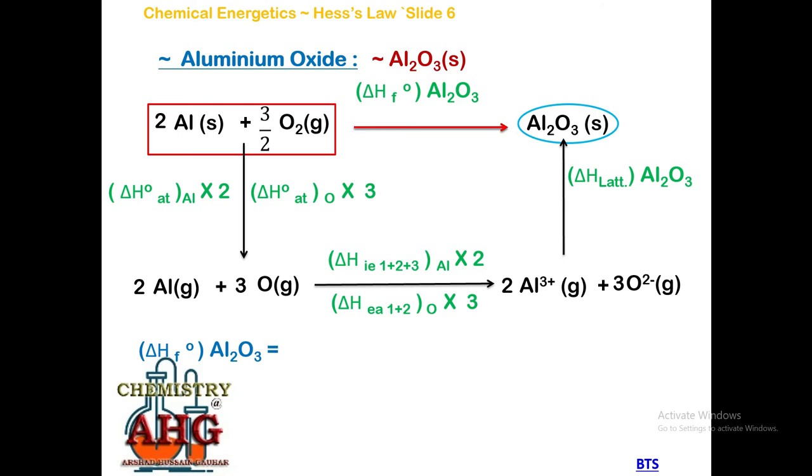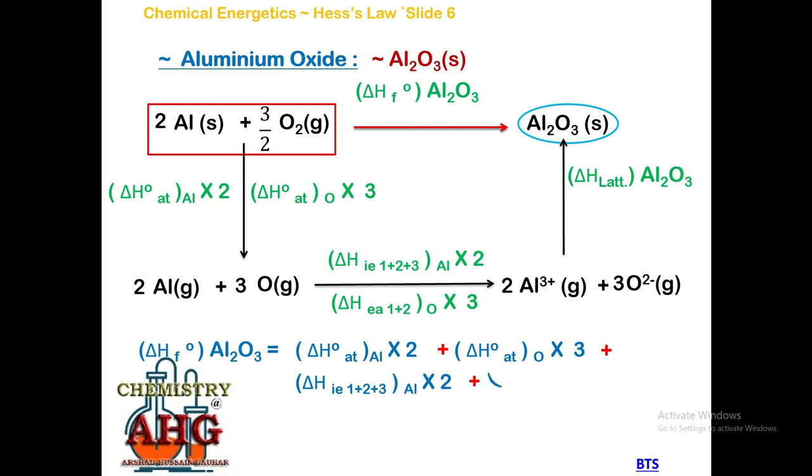It is equal to atomization of aluminum multiplied by 2, plus atomization of oxygen multiplied by 3, plus first plus second plus third ionization energy of aluminum multiplied by 2, plus first plus second electron affinity of oxygen multiplied by 3, plus lattice enthalpy.